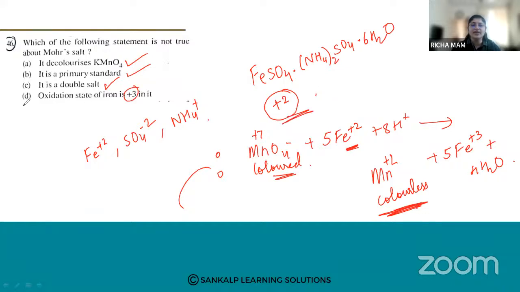The oxidation state of iron is +2, it is not +3. So option number D is not a true statement. Aishu has answered D. Shushmita has also answered D. Good. So option D is the correct answer. Is it clear? Please note down the things. Okay, fine. Let us go for the next one.